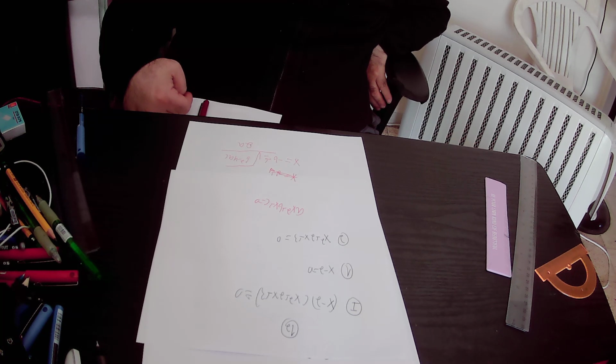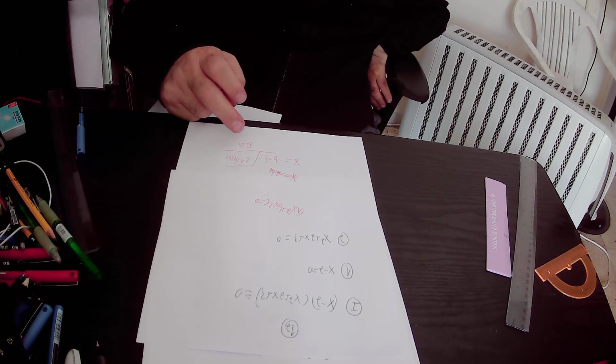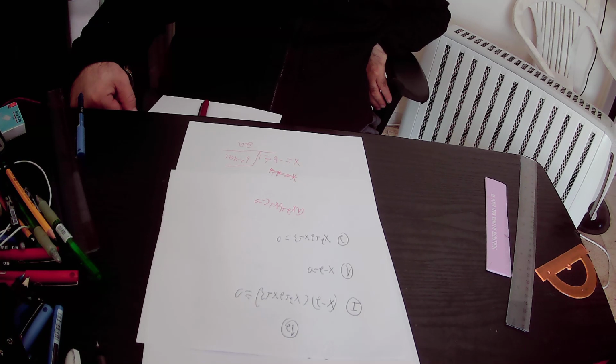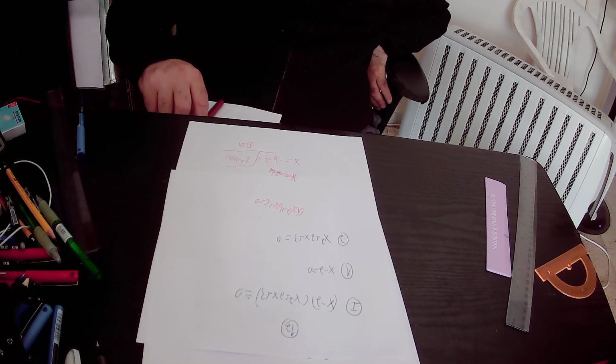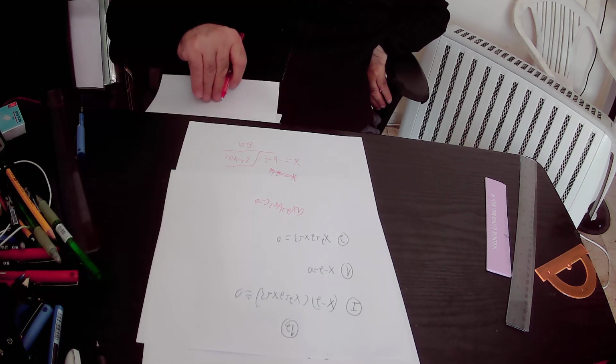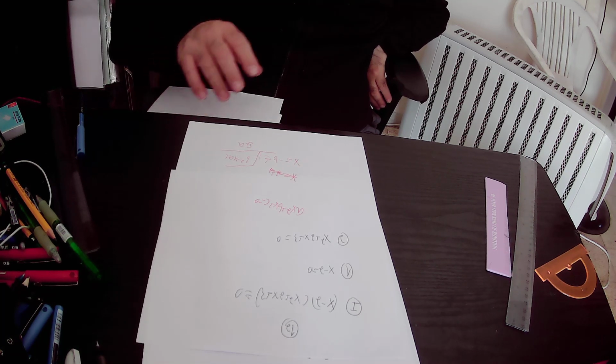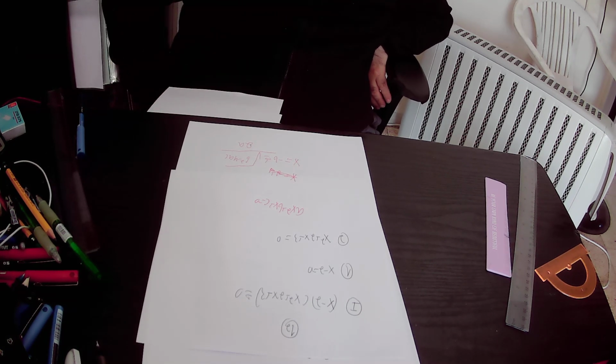Okay, so inside the root we have b squared minus 4ac, and it is actually b squared minus 4ac that is the discriminant of the quadratic equation. So this discriminant of the quadratic equation actually must be a positive number, or even 0, in order to have a solution for x.